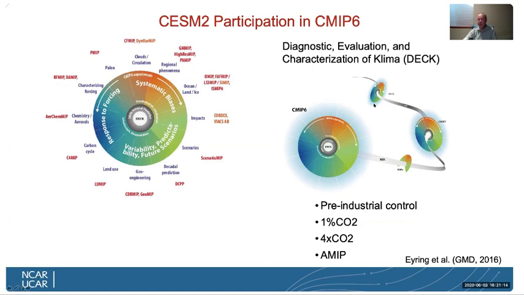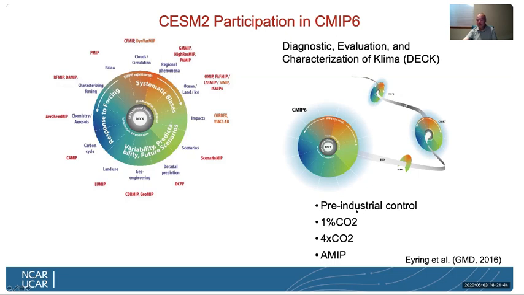In order to participate, centers for most of the MIPs must perform a longish, order 500-year, pre-industrial control simulation, a 1% CO2 concentration increase simulation, a quadrupling of CO2 simulation, and AMIP-style simulations. AMIP is simply the Atmospheric Model Intercomparison Project, where you run the atmospheric model subject to observed SSTs.